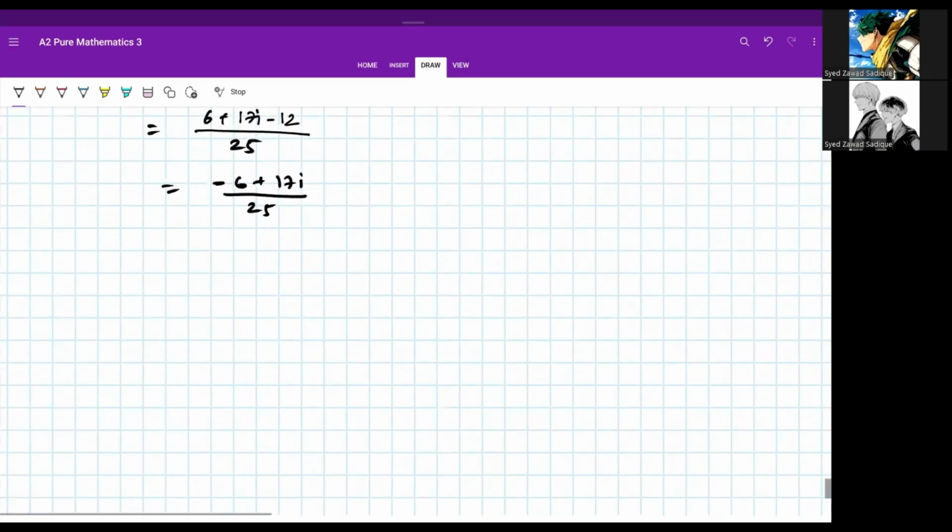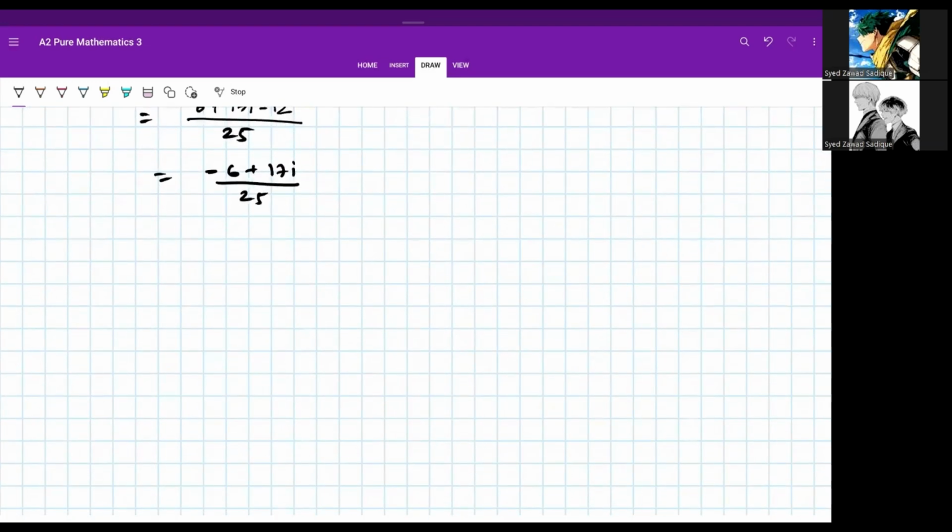You're usually asked to write in the form a plus bi, so you should write it as minus 6 by 25 plus 17 by 25 i.